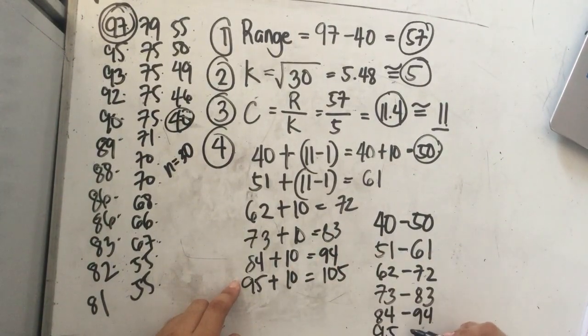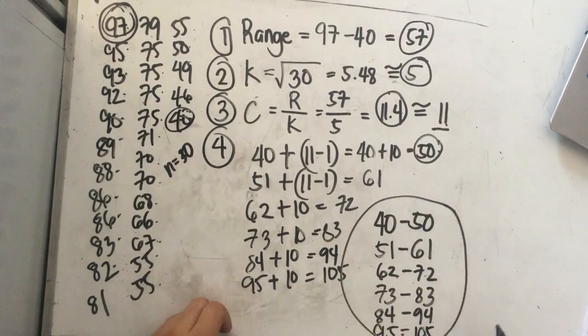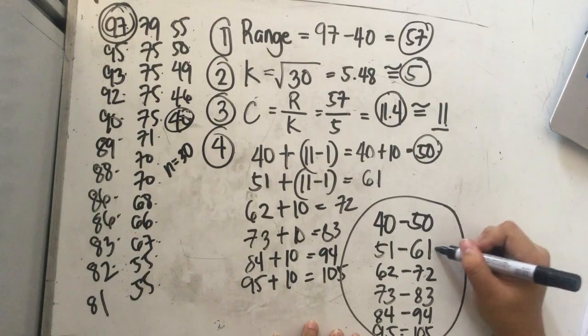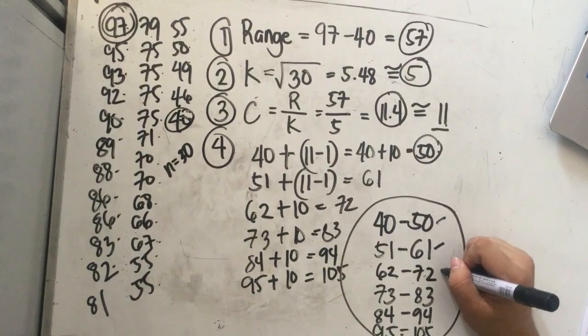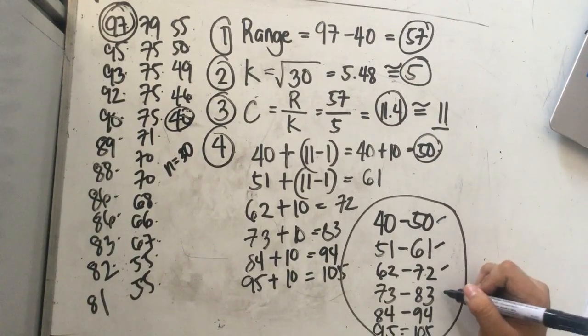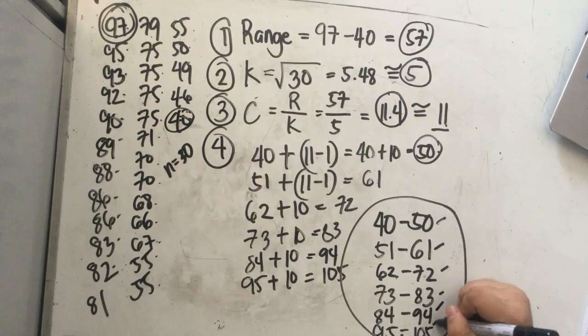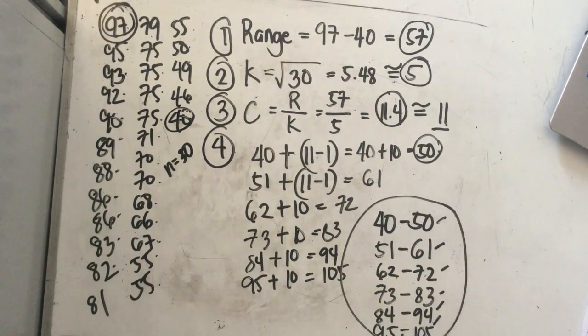So since na-cater na natin si ating upper limit, ito na yung magiging class interval natin. Okay, so we have 40 to 50, 51 to 61, 62 to 72, 73 to 83, 84 to 94, and 95 to 105.